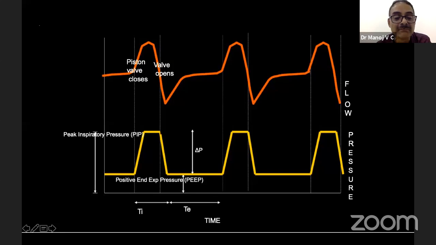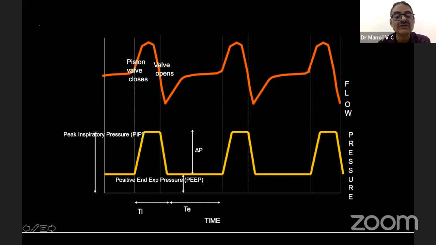So the maximum pressure that the ventilator delivers is the peak inspiratory pressure, which is represented here in your pressure waveform, and the minimum pressure that is remaining at the end, representing your FRC, if you remember the first class, is the positive end expiratory pressure, PEEP.